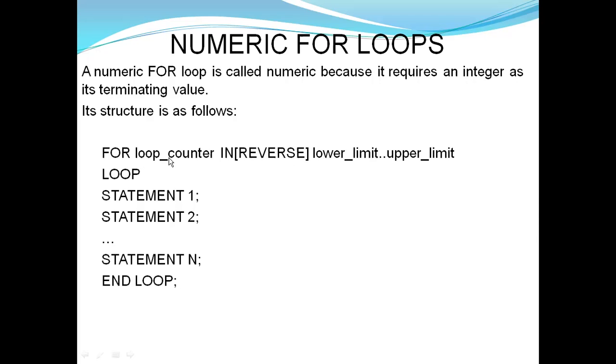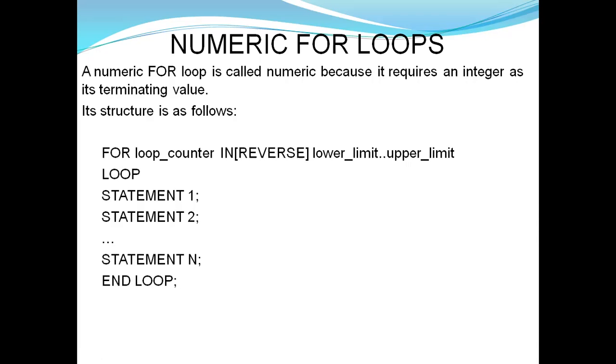Automatically this counter will start with 1 and keep incrementing at every iteration. First it will be 1, these three statements will execute, and it will come here and become 2. Once it reaches the upper limit, it will automatically terminate. Here we are not giving any exit statement, so it will be terminated according to the for loop.